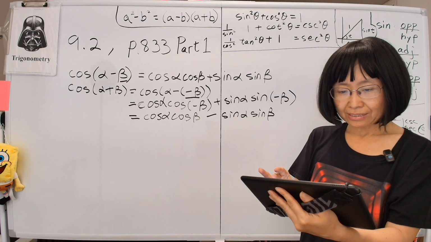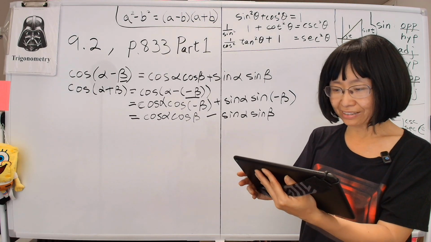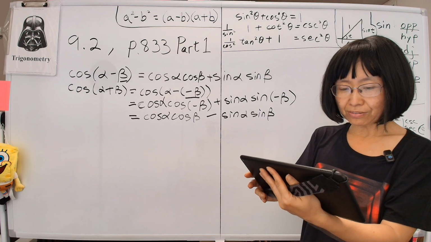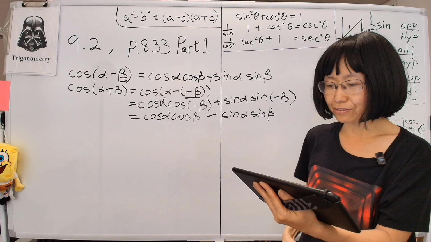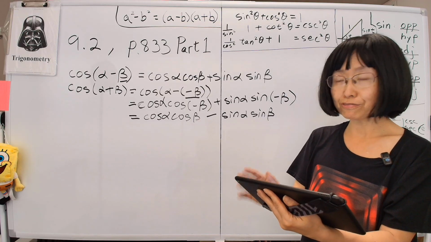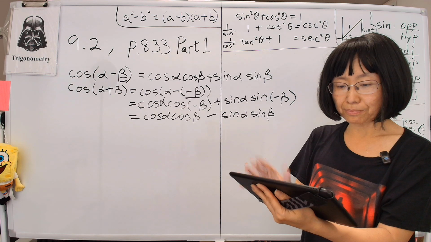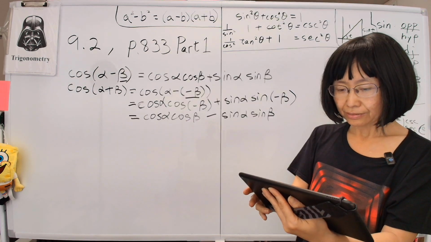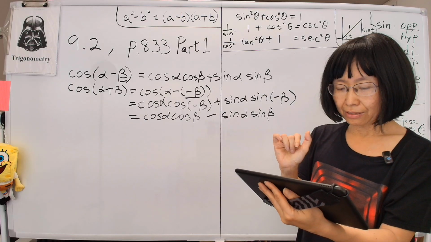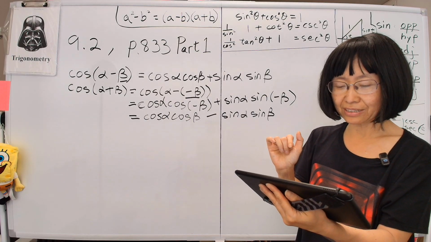Let's look at example 1. Use the formula for the cosine of the difference of two angles to find the value of cosine of 5 pi over 4 minus pi over 6. Now this is just a matter of plugging stuff in. You might think, why are we doing this instead of just using a calculator?